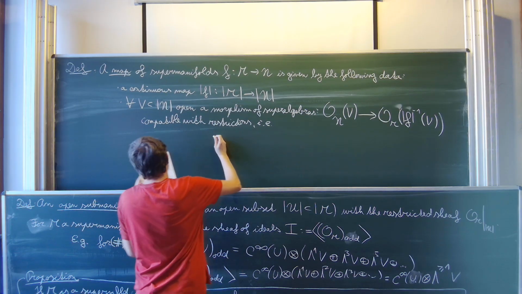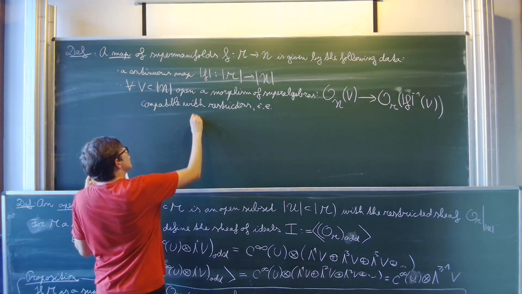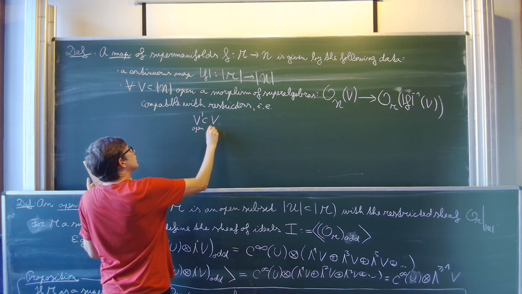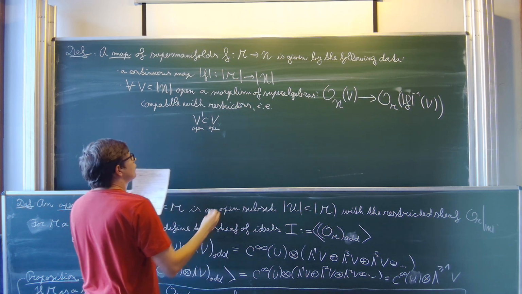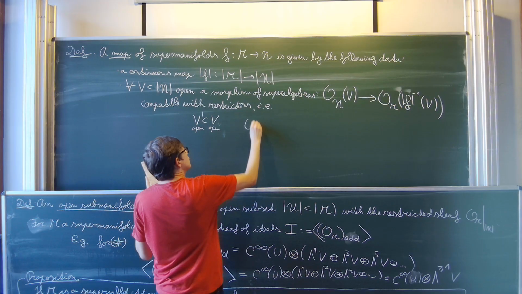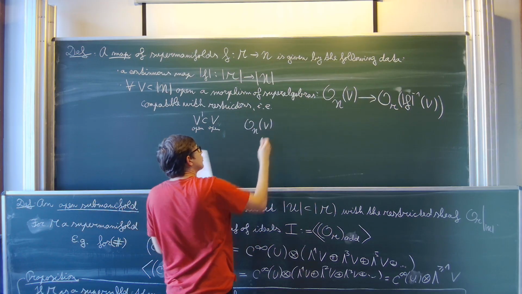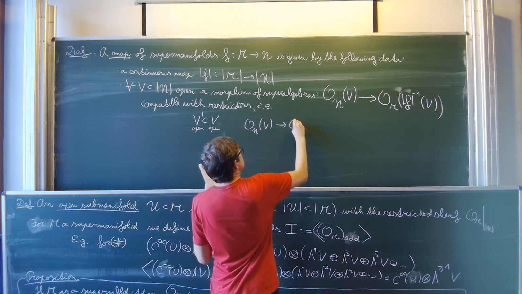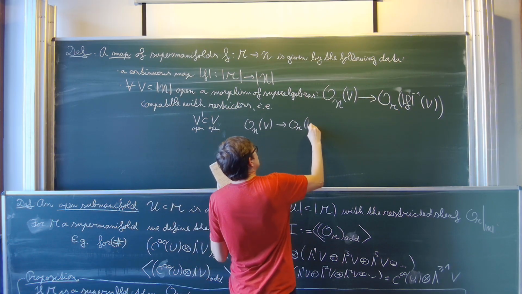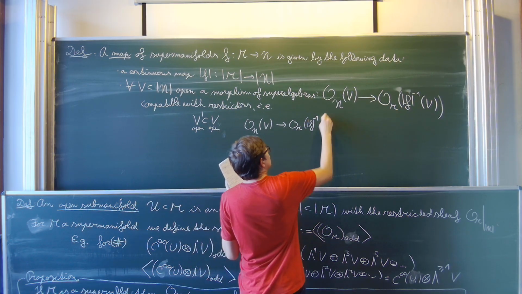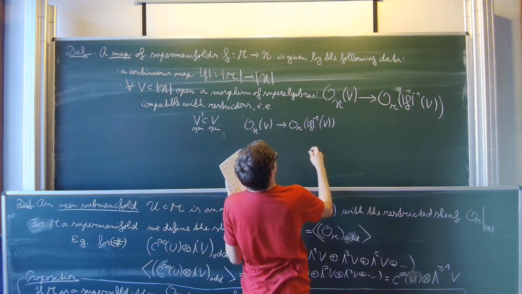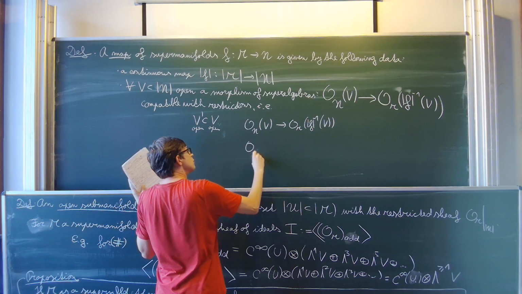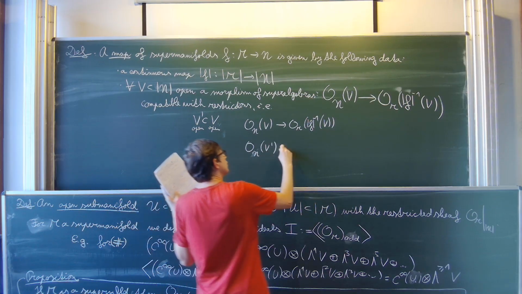Which means that if I have v prime inside v, open, and this one is also open, then I can take sections over this open subset v into this guy. Okay, but I can also do the same for smaller stuff, v prime.